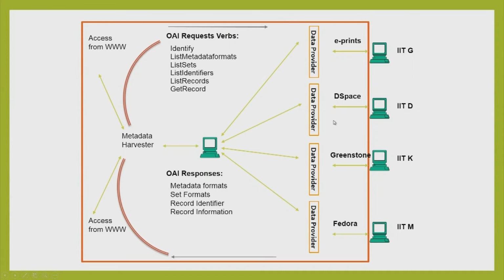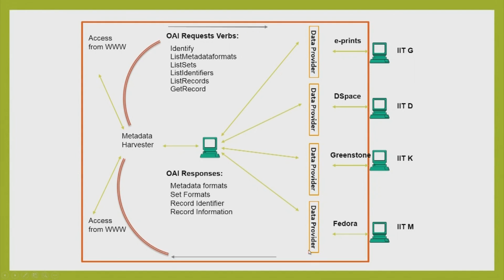This is another diagram to show it, that there is IIT Guwahati or IIT Delhi, IIT Kanpur or IIT Madras. As yesterday our librarians showed us a graphical image for harvesting the information. These are different repositories, and these are all using different open source software.